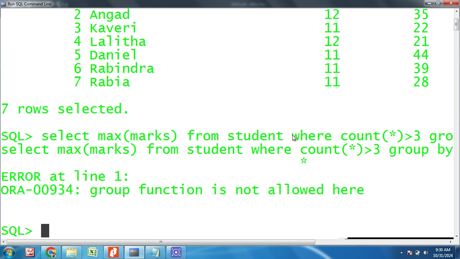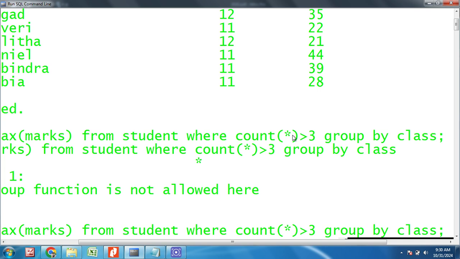So what is the solution? We should use the having clause. Instead of where clause we should use having clause.